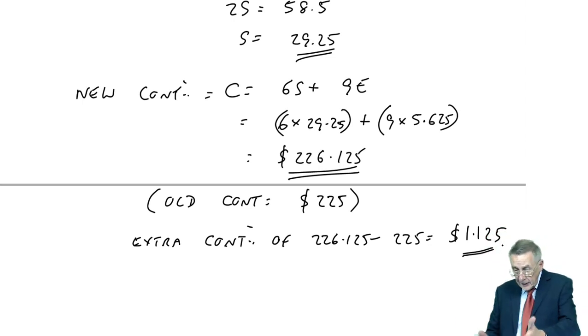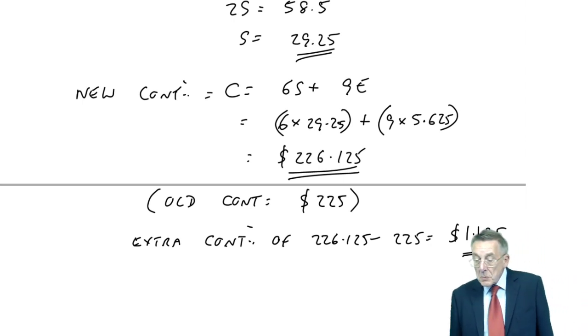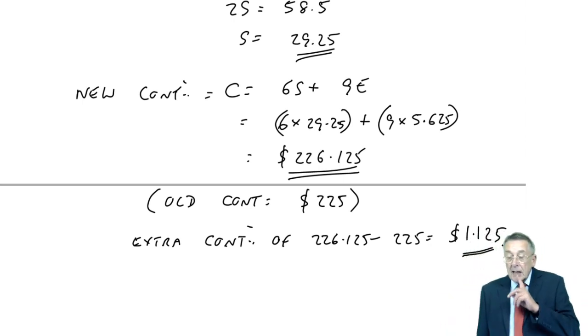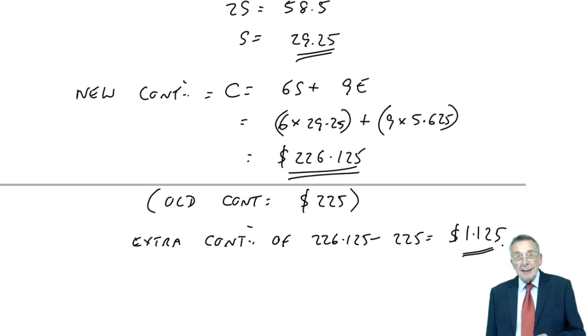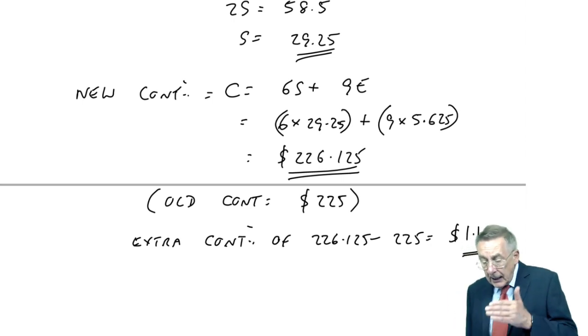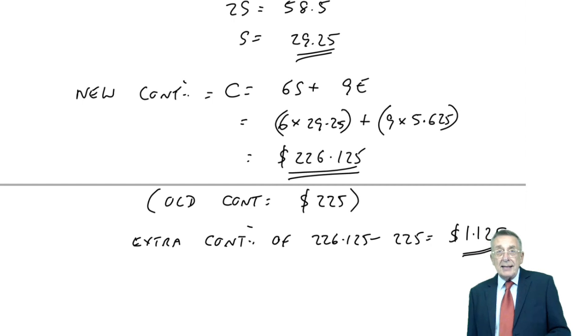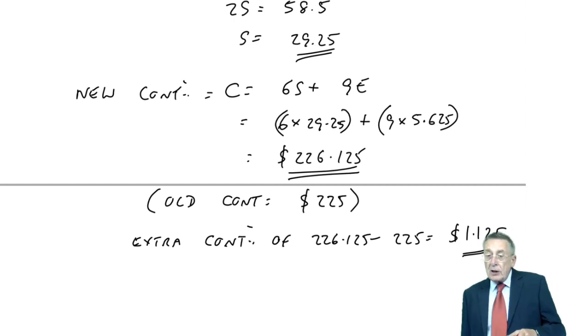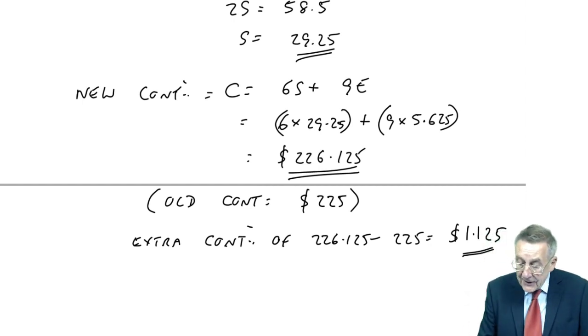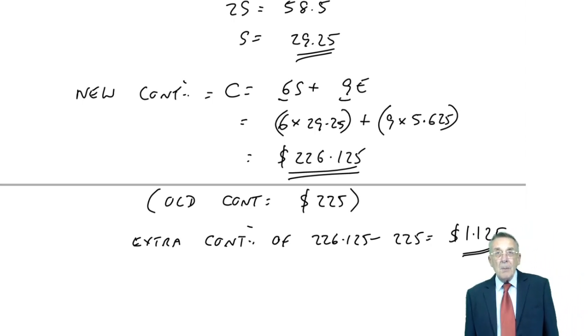Now, a few things to listen to very carefully. And wind back, check the arithmetic properly if you're at all unsure. Firstly, and most importantly of all, we'll only make an extra $1.125 if the contributions stay at $6 and $9 per unit.